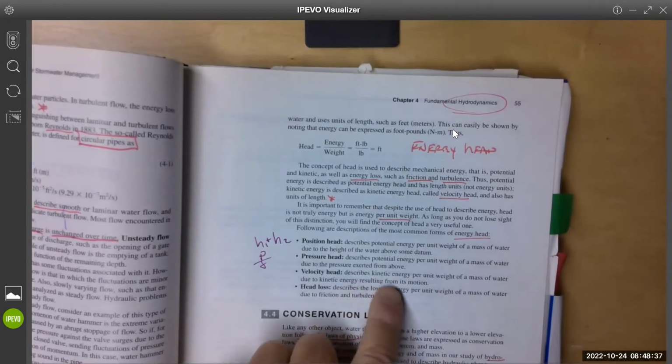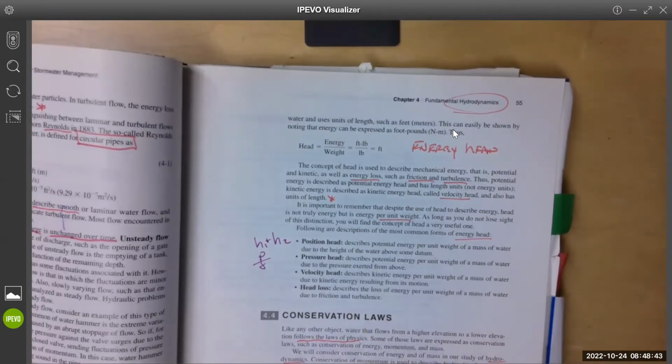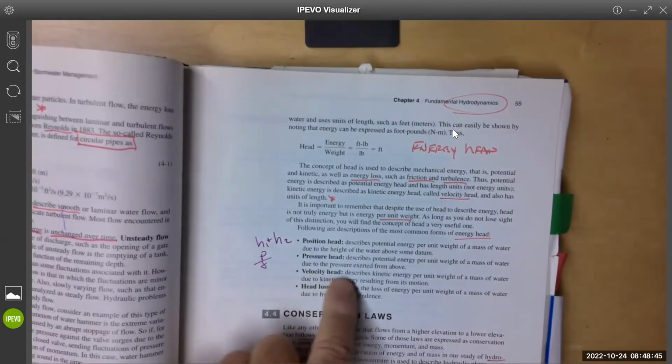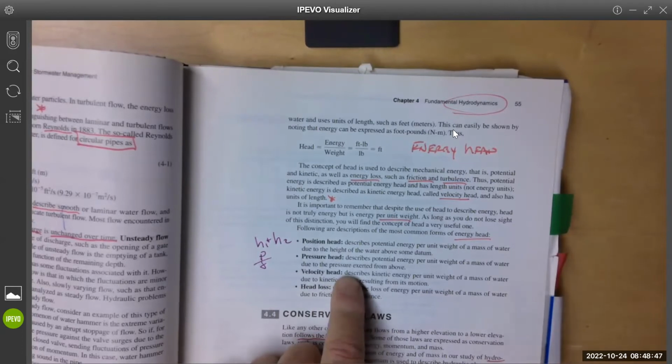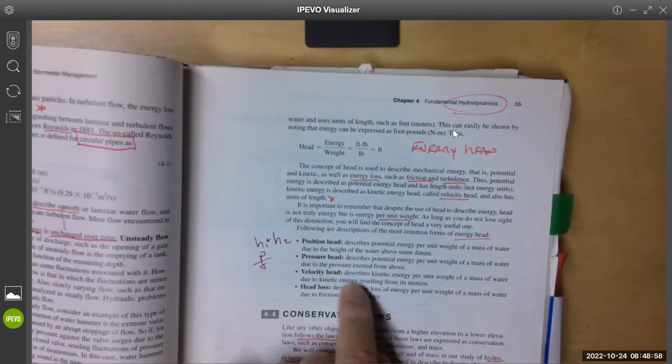And then velocity head describes the kinetic energy per unit weight of mass of water due to the kinetic energy resulting from its motion. So velocity head could be a number of different applications, but like a stream that maybe is turning a paddle wheel to create energy, it's drawing the energy from this moving water.